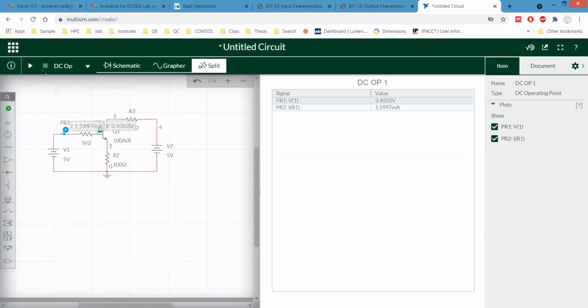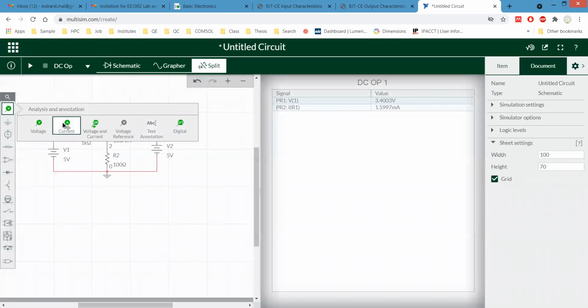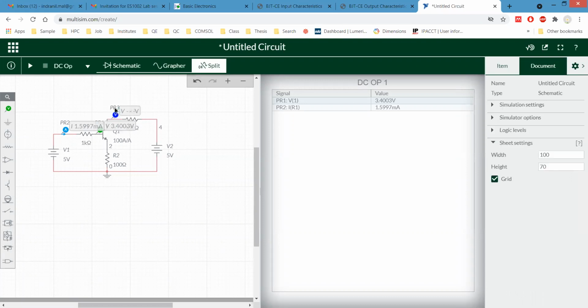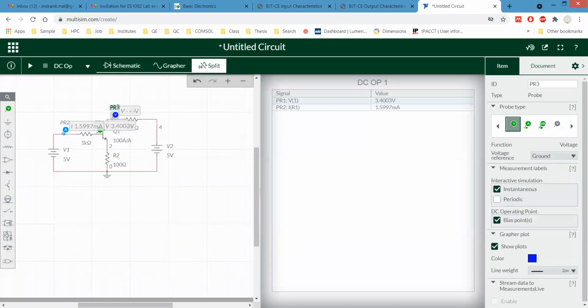One more thing we have to do, that we have to measure this voltage also. Sorry, the collector voltage also we have to measure. So this is not probe 3, this name is VCE.